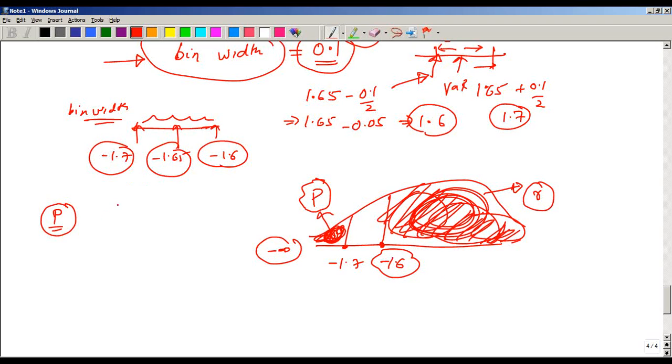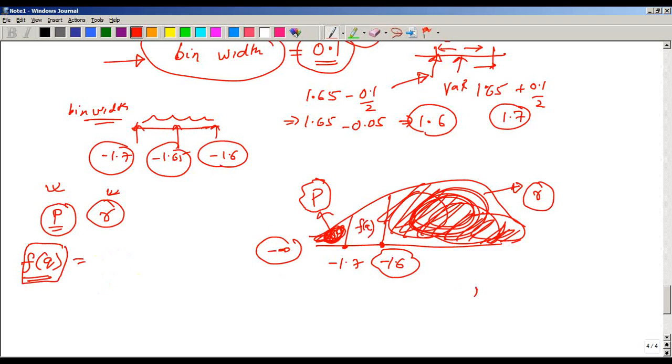Once we have computed P and R, we will compute a function which is given as FQ. Please note that this FQ is actually the probability of this area. What will be the FQ value?